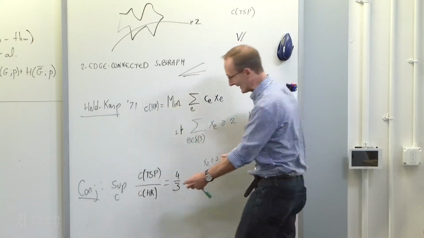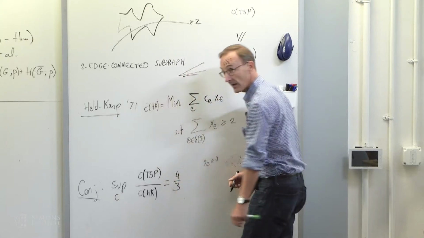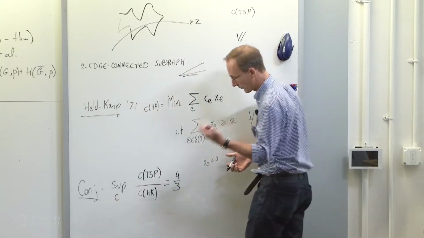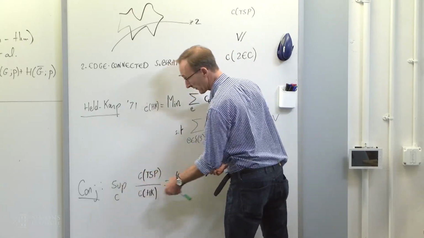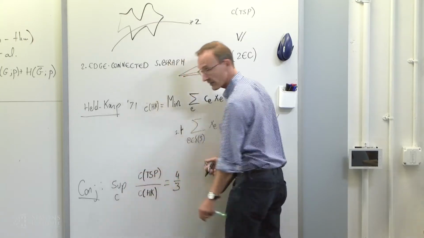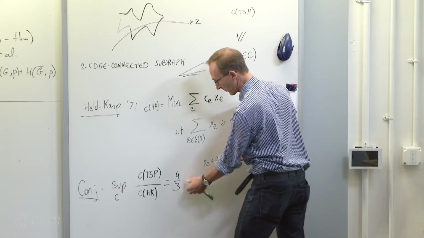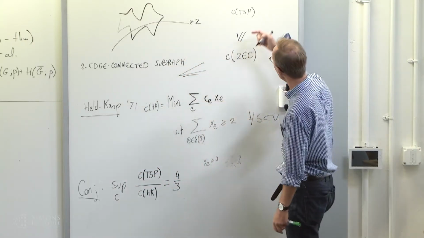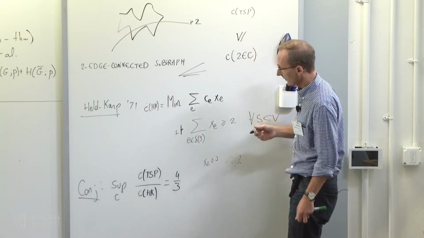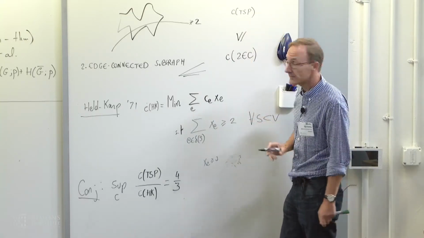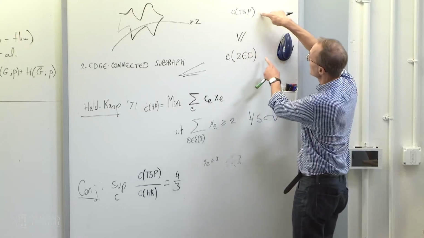It's known that it's at least 4/3, and it has been proved 35 or 40 years ago that it's at most 3/2, but it's not known whether it's 4/3.